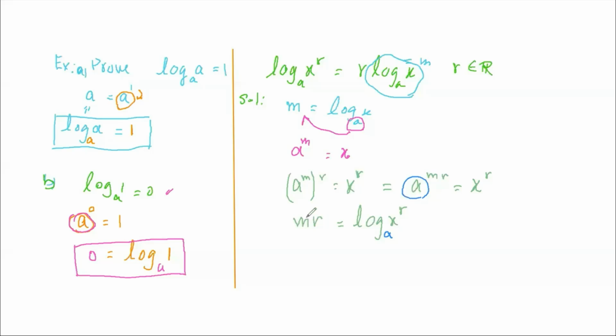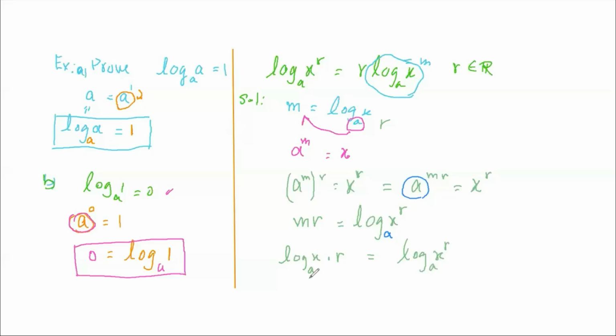So after this, we know m equal to log x base a. So you replace the value of m with this one. So you write log x base a times r, right? And then equal to log x power r base a.